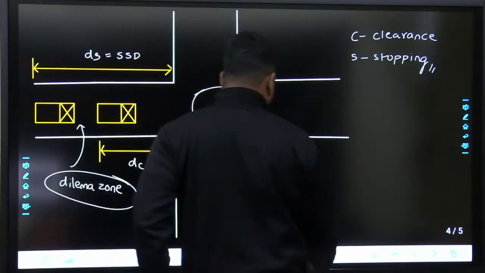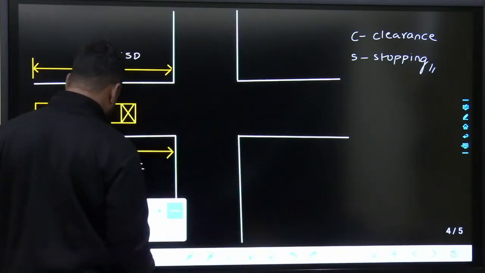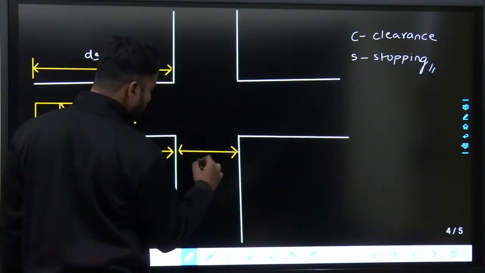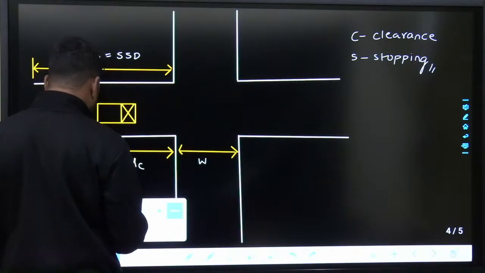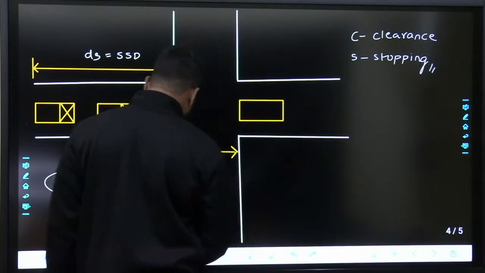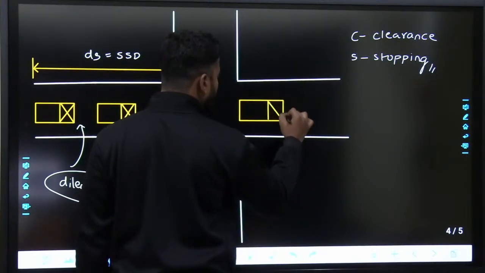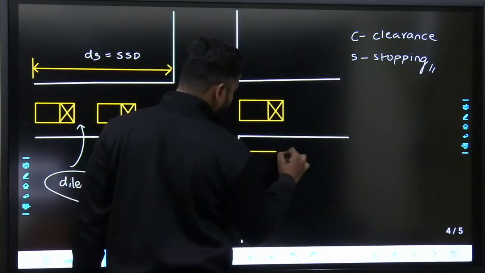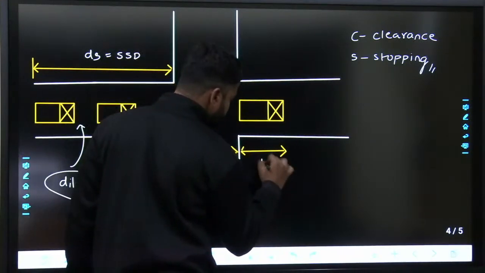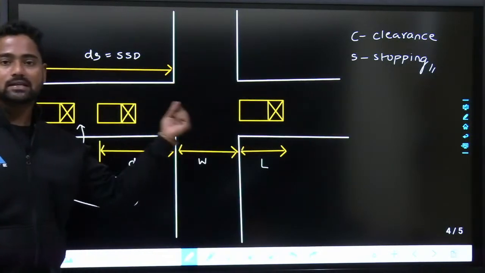Fine. So now how we will avoid this dilemma zone is, let us say this is DC and this is some W, and the total vehicle has to cross this, and the length of the vehicle I will take as some L. So, you have to design the amber time in such a way that this total distance is crossed.